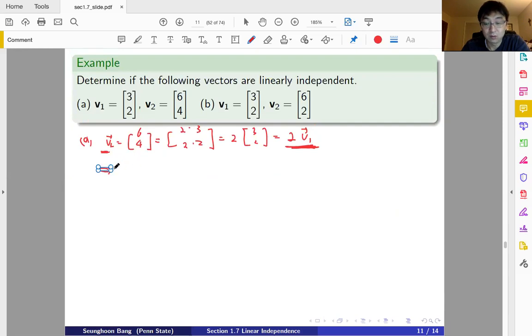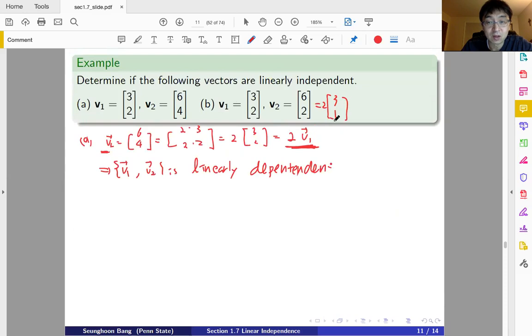So we have vector v1 and vector v2 linearly dependent. So what about this one? The vector v2 is like the second one, B. 2 is a common factor: 2 times 3, 1. 3, 1 is not equal to 3, 2.